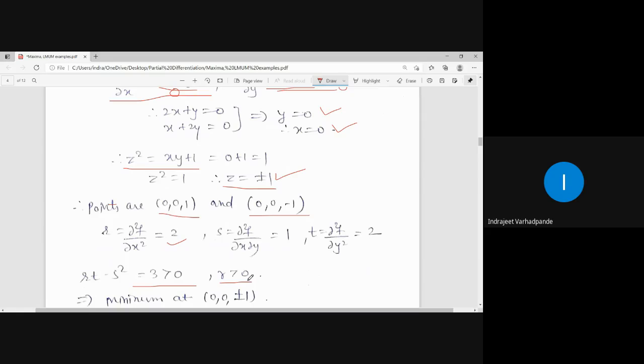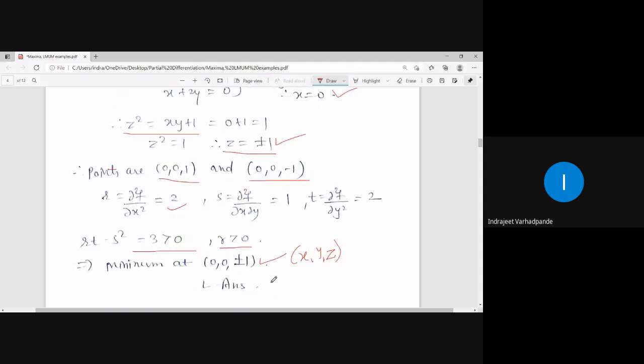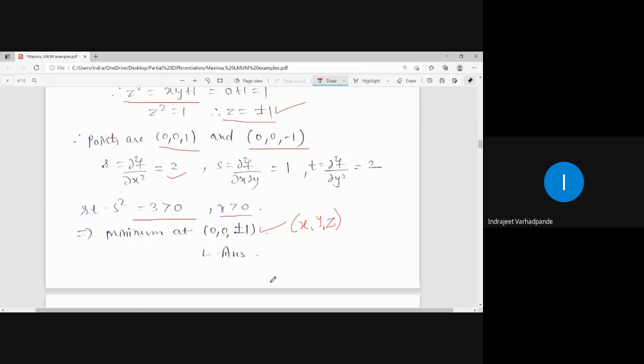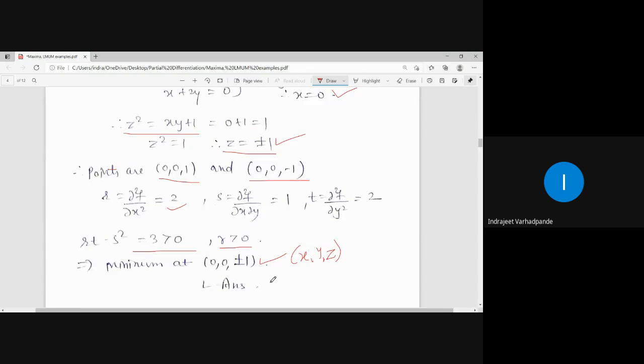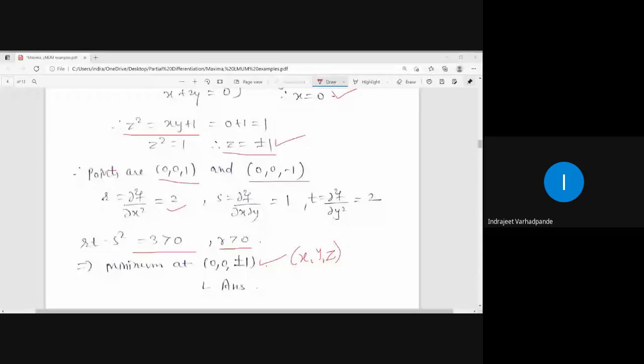And therefore we have shown that the distance is minimum, so that particular point is nearest to the origin. And what is that point? The point is x, y, z, where x is 0, y is 0, and z is plus or minus 1. Finished? I hope it is okay.